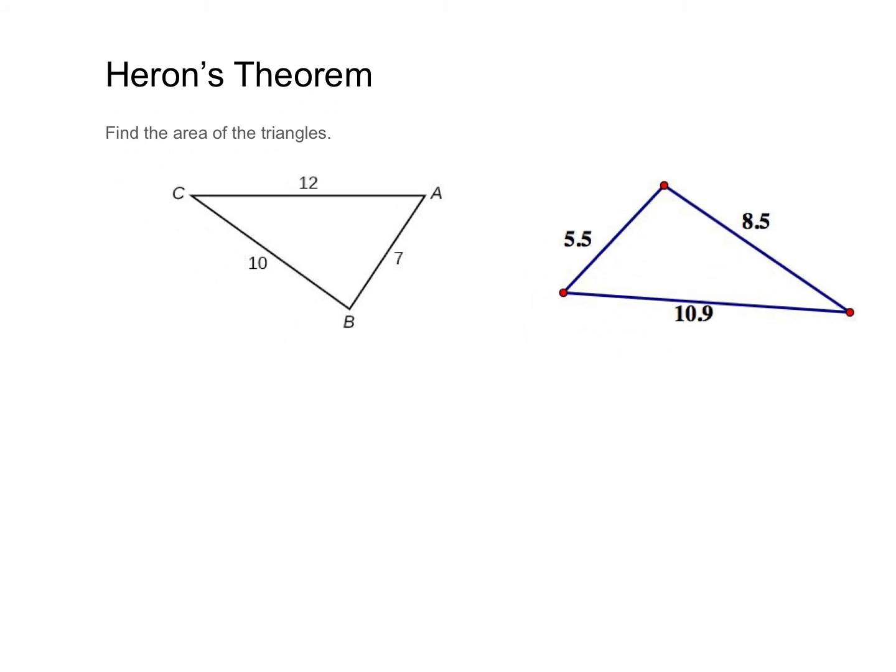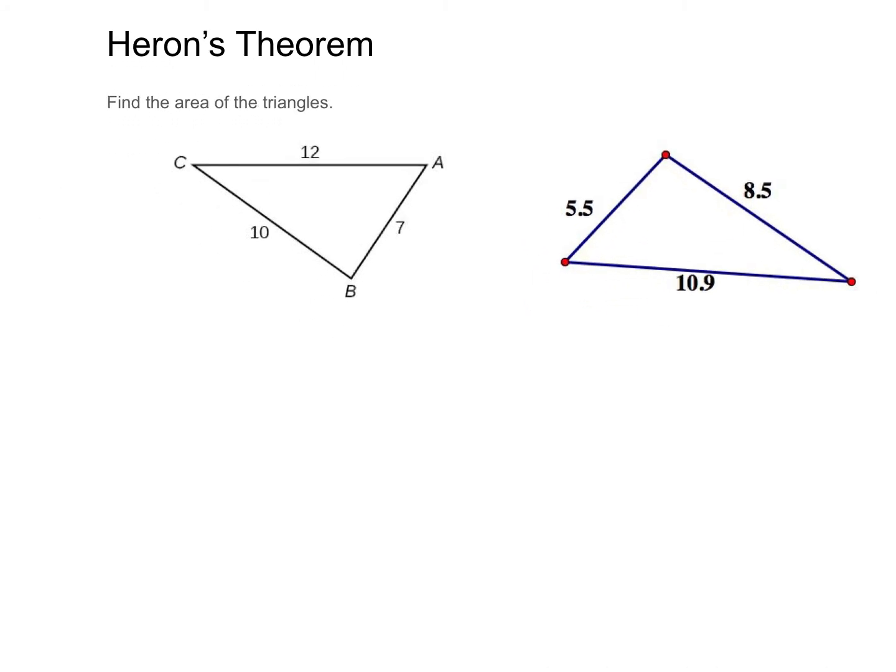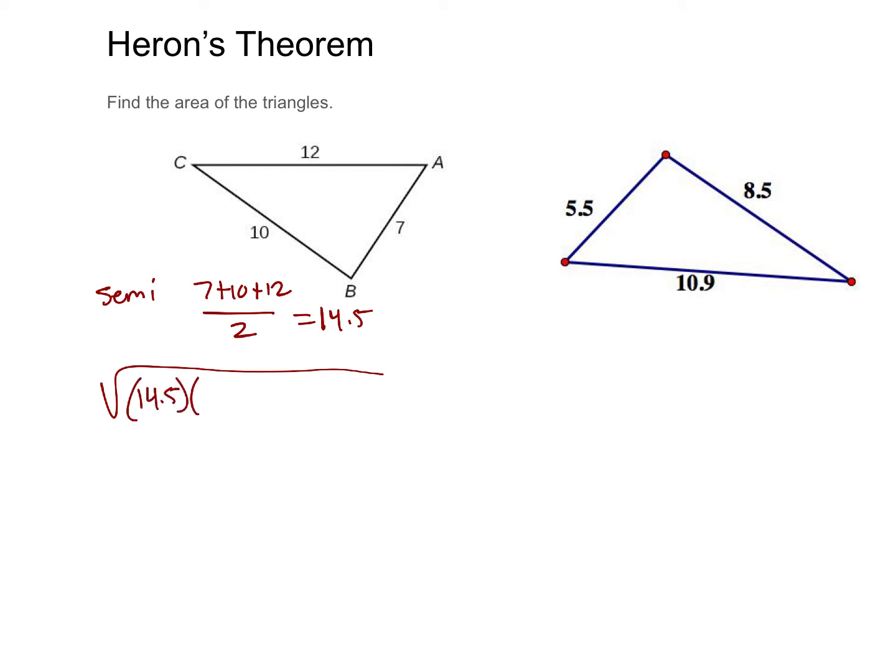Okay, so a couple of quick examples here. Just firing through, first part, find your semi-perimeter. So 7 plus 10 plus 12 is 29, divided by 2 is going to be 14.5. So then 14.5, and then 14.5 minus 12, 14.5 minus 10, 14.5 minus 7.